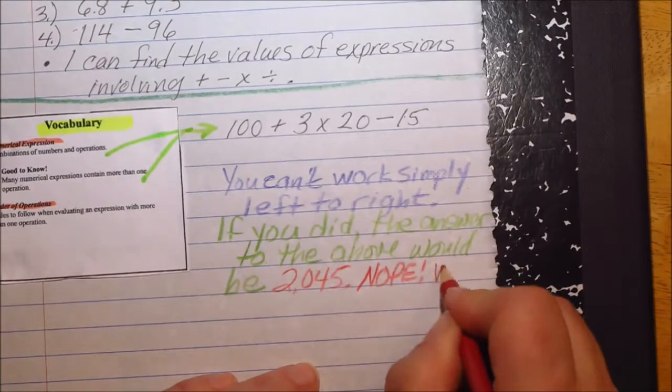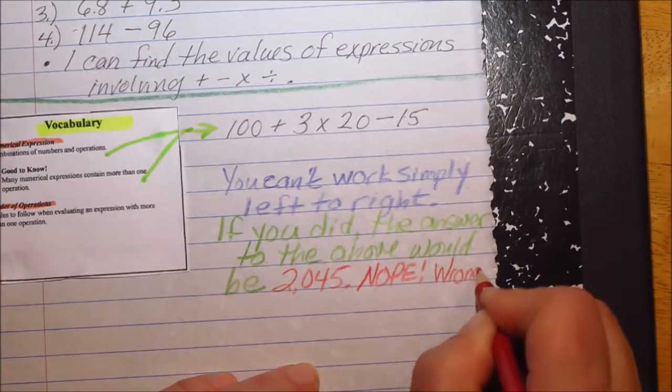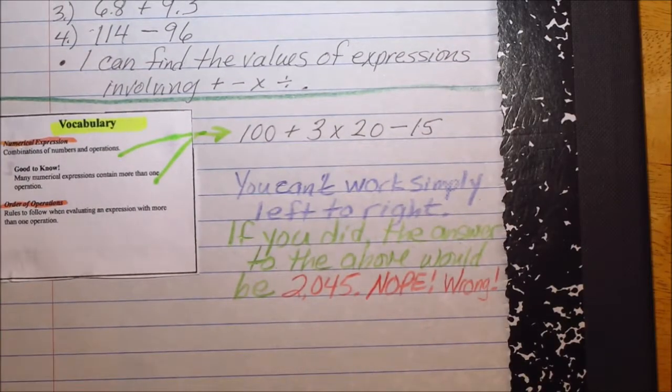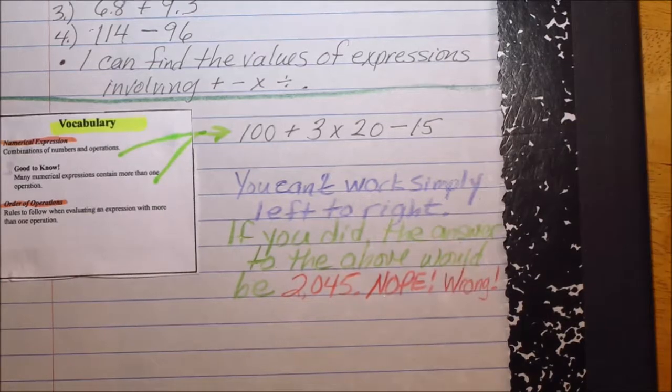And I'm going to write nope. That is wrong. The answer to this expression is not 2045, but that is what you would get if you simply worked left to right. But the order of operations tells us we have to do it in a specific order.